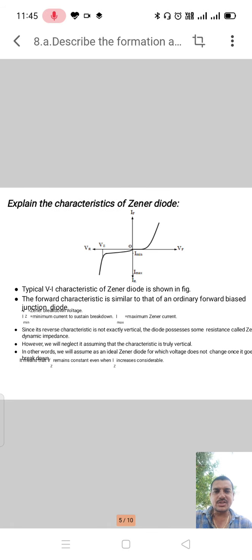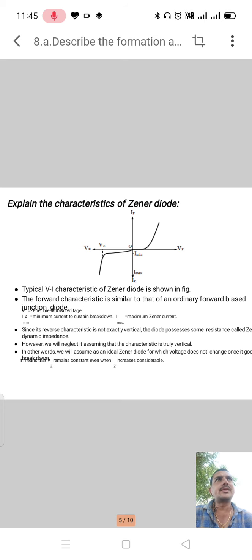Coming to the characteristics of Zener diode, the above graphical representation shows the Zener diode characteristics. For these characteristics, we take the x-axis as voltage and the y-axis as current, and this VI, current versus voltage, represents the characteristics of Zener diode.